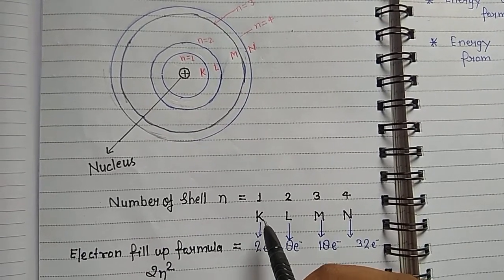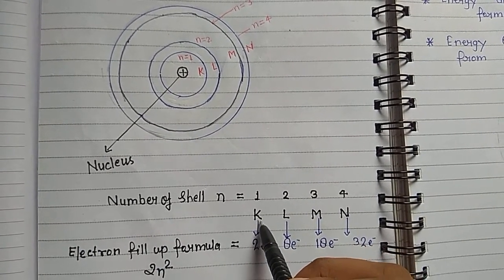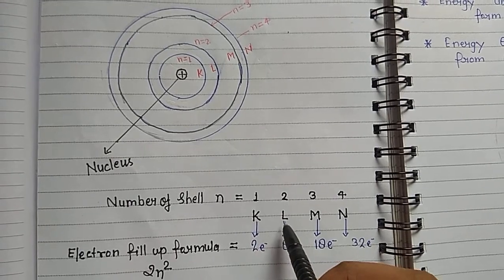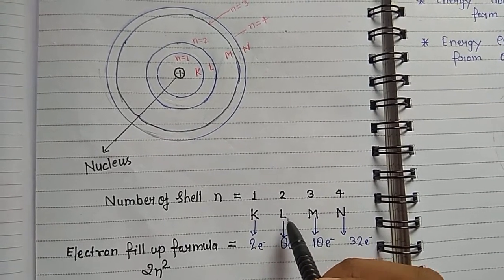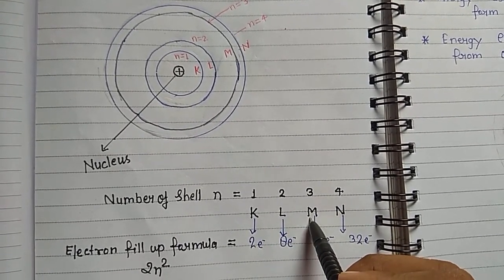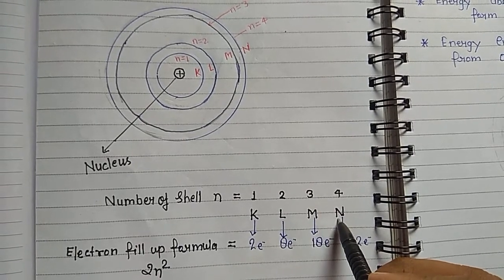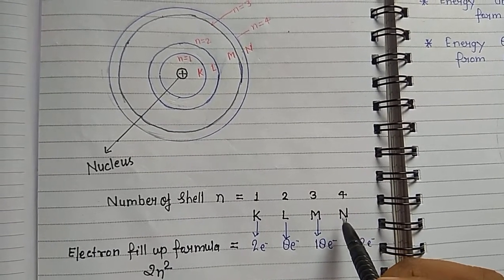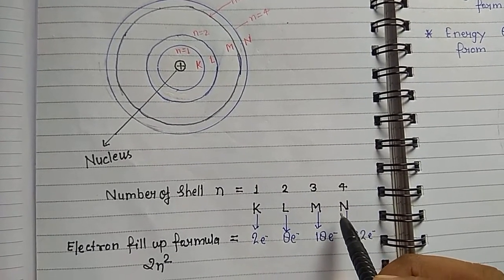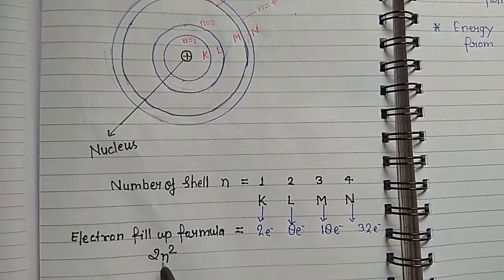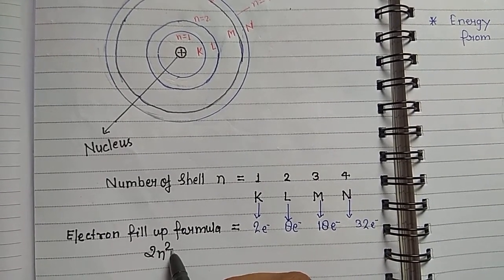Around the nucleus, the first shell is represented by capital letter K, the second by capital letter L, the third by M, and the fourth by capital letter N. Now fill the electrons according to the formula 2n square.